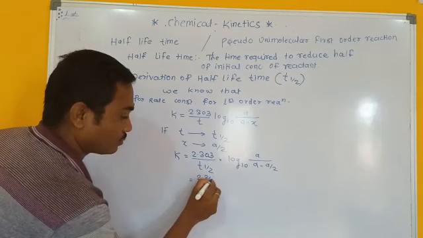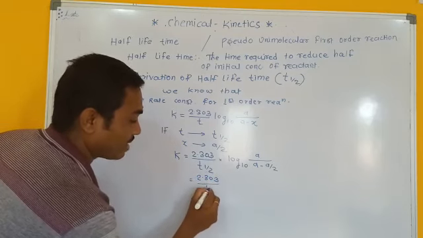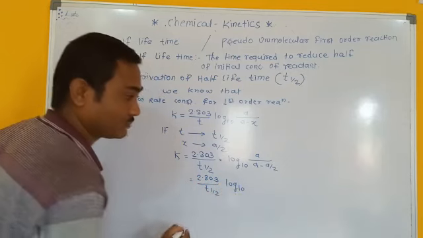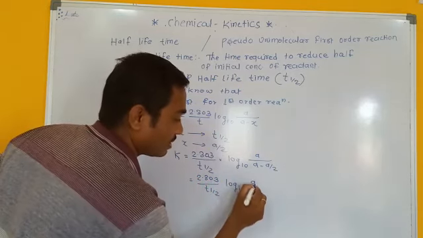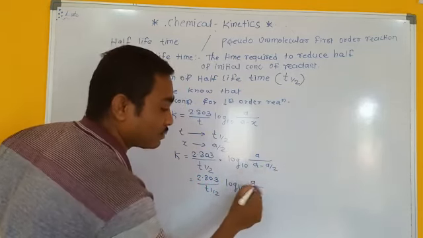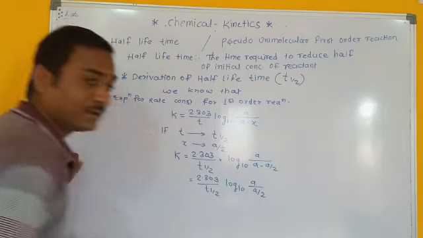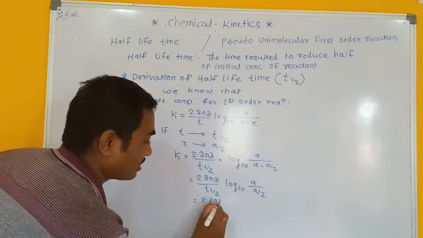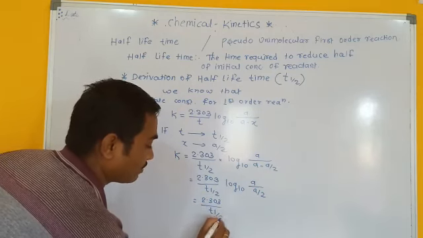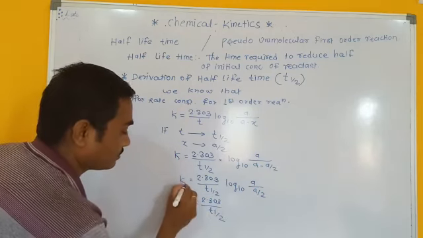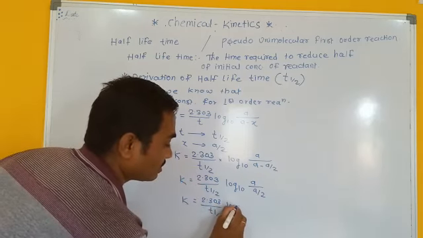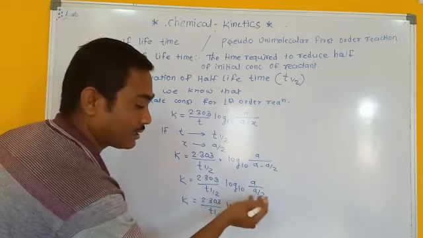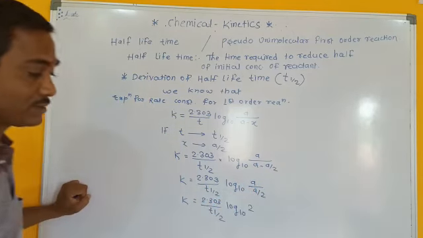Now the next step: K is equal to 2.303 divided by T half log to the base 10 A divided by A minus A by 2. That means remaining is A by 2. Again K is 2.303 divided by T half log to the base 10, A cancels and it becomes 2.